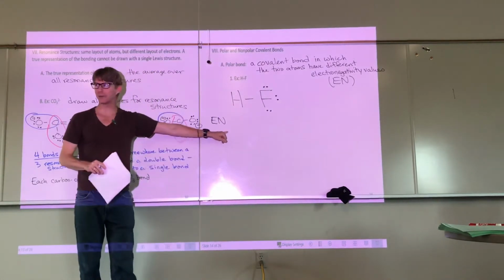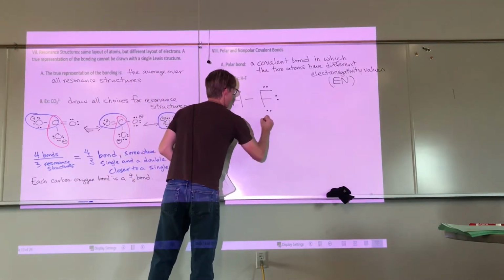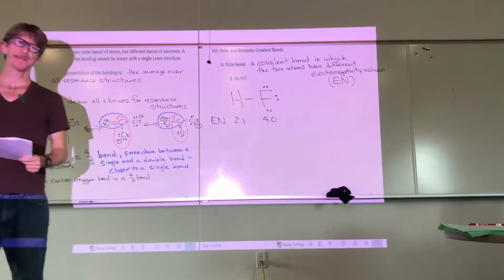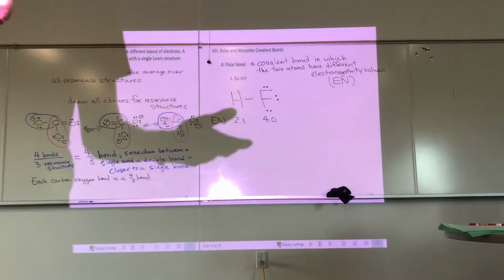The electronegativity score for hydrogen is 2.1. For fluorine, 4.0.